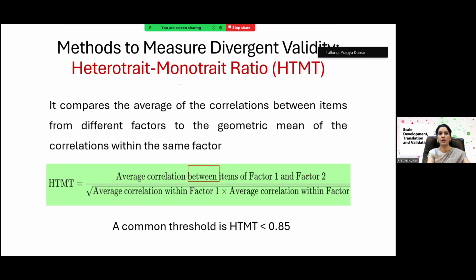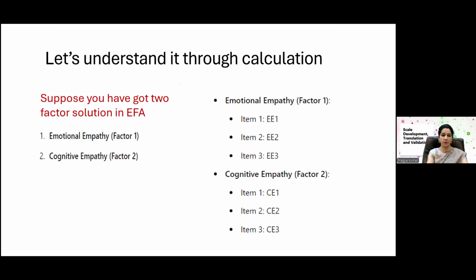In the denominator, you take the square root of the average correlation within factor 1 and the average correlation within factor 2. Again, we are showing what calculation is generally happening in the background. You get this measure as part of the output in JASP, so you don't need to calculate this. Don't worry. But you should know by definition what this HTMT, or hetero-trait mono-trait ratio, is.